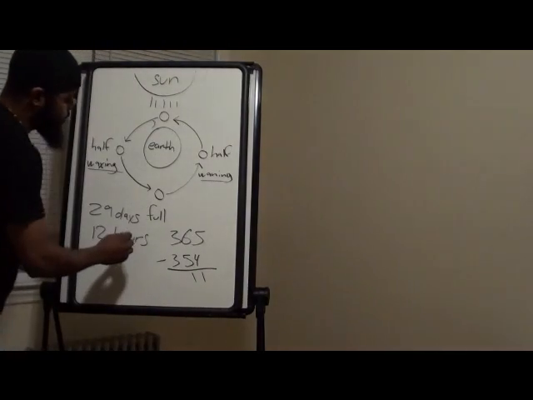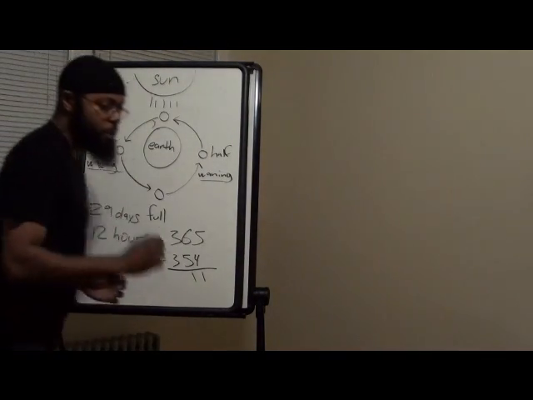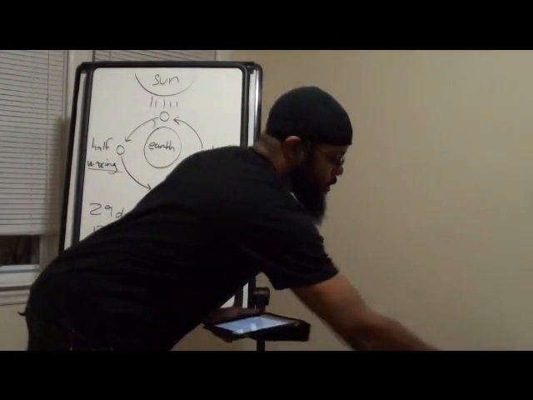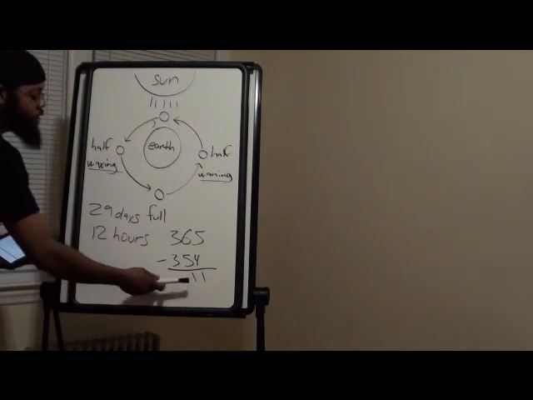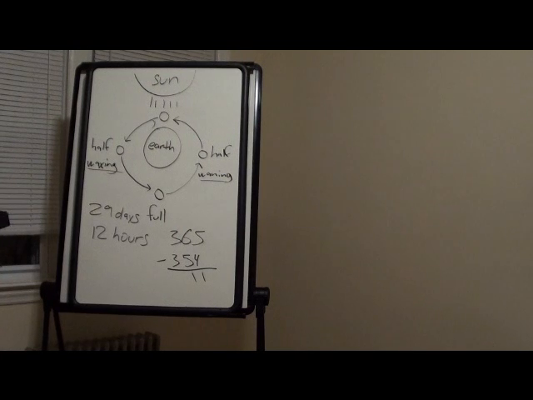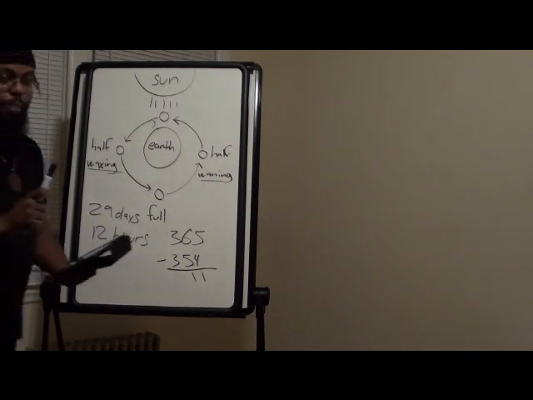So, what we have to do, based on the lack, okay, since the orbiting of the moon around the earth, which is 354 days, does not equal the orbiting of the earth around the sun, which is 365 days, every 3 years, okay, if you simply multiply 3 times 11, that's 33. Every 3 years, an additional month is added.